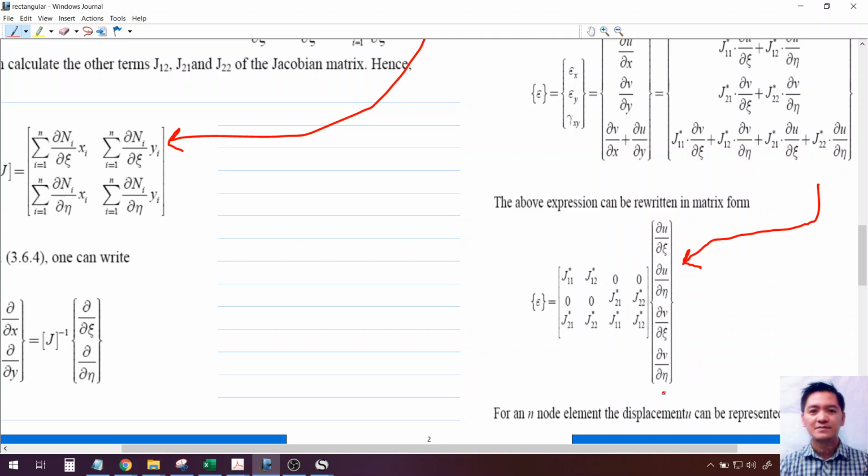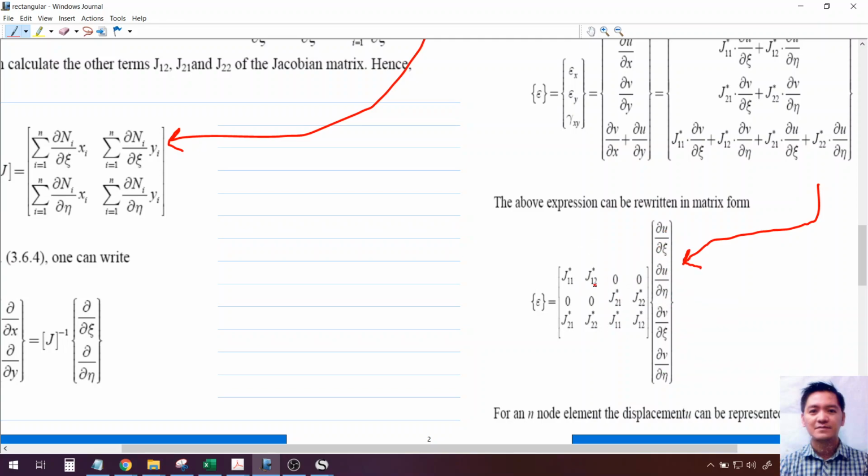Tapos another 3, that means 6. 6 element lahat to kung gano'n. No? If we're talking about 3 degrees of freedom per node. On the case of plane stress, plane strain kasi na 2-dimensional, we're only dealing with 2 degrees of freedom. Okay? Kaya naging 4 to.